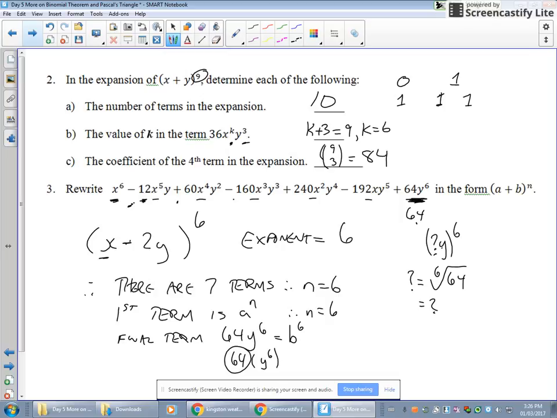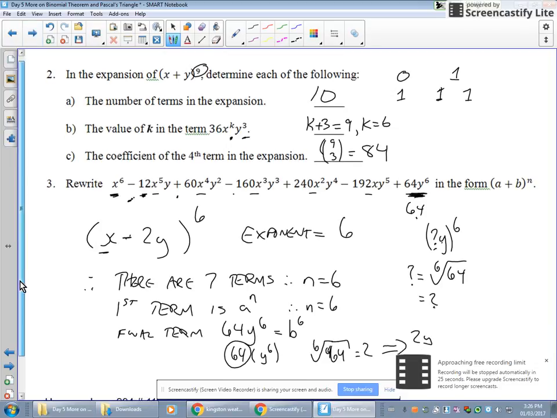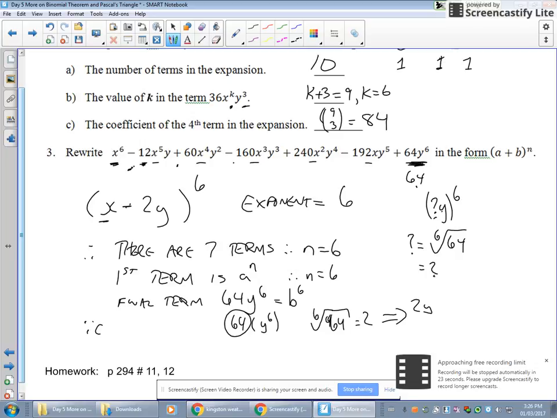In other words, we're taking the 6th root of 64, which is 2. The b term must be 2y. And then, since every other term is negative, the b term must be negative 2y.